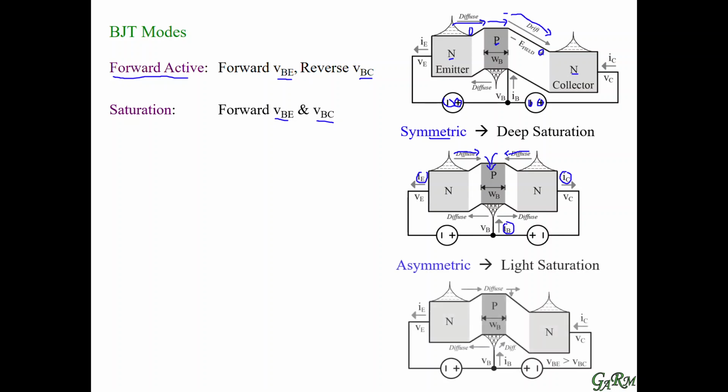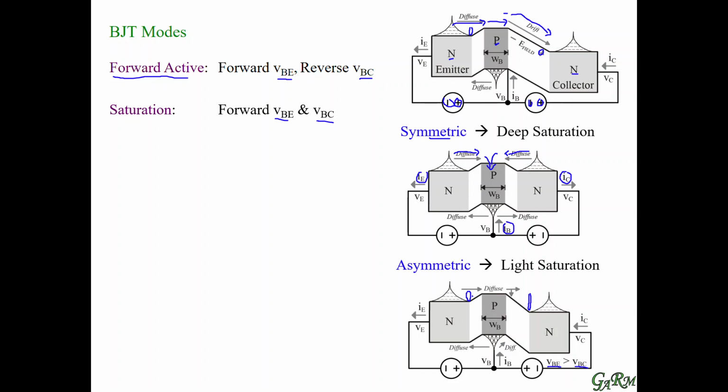But what we can do is we can apply an asymmetric bias, and by that I mean that we can forward bias the base emitter junction by more than the base collector junction. That means that we're going to significantly reduce the field barrier across the left junction, but we're not going to do much on the right junction.